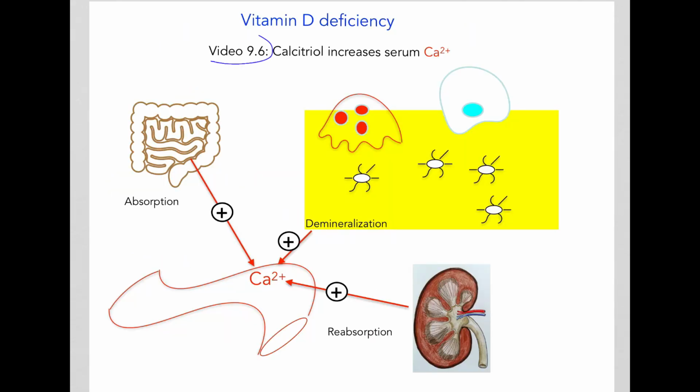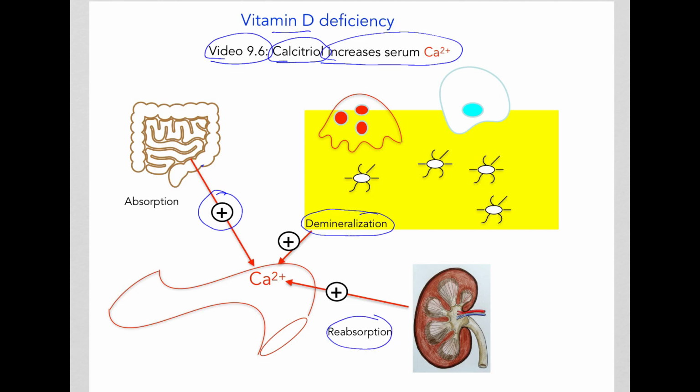Recall from video 9.6, we discussed vitamin D effects. The active form of vitamin D is calcitriol. You can see overall calcitriol increases serum calcium by increasing absorption from the GI tract, by increasing demineralization of bone, and by increasing reabsorption from the kidneys.